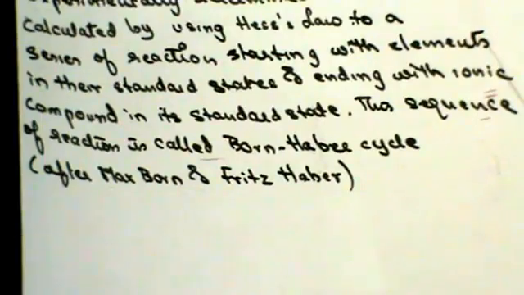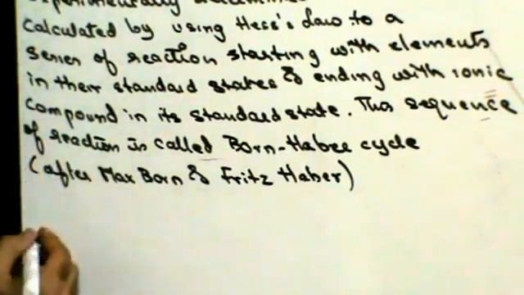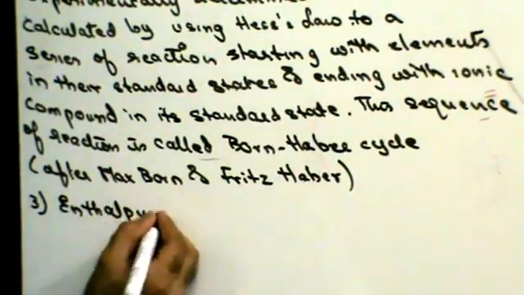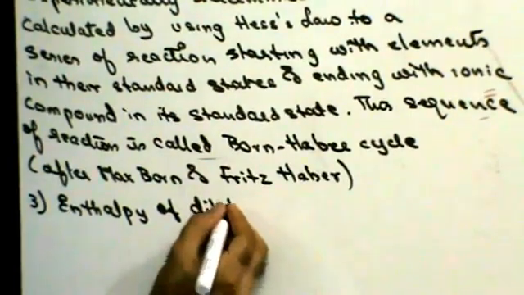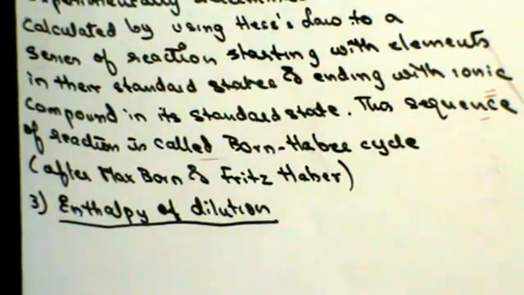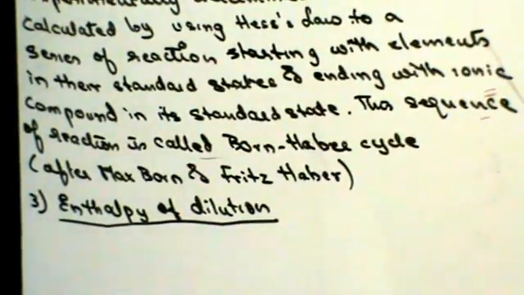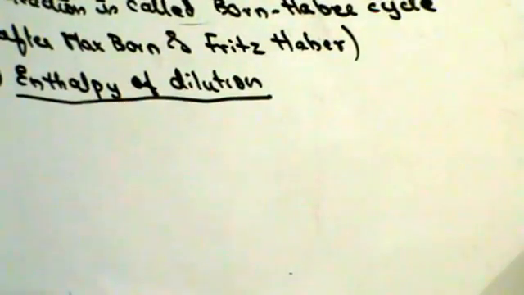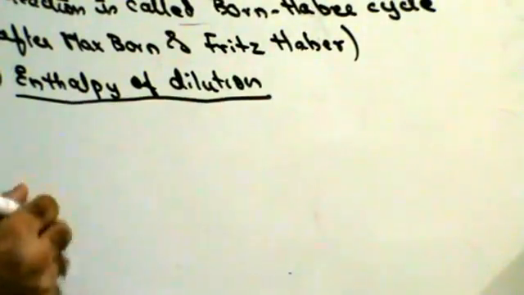Next, what do we understand by enthalpy of dilution? What is enthalpy of dilution? It is the changes that occur in the solution when one concentration is diluted to form a solution of another concentration. So if I change a solution from a particular concentration to another concentration, then the enthalpy changes that would take place is called as enthalpy of dilution. Very simple.